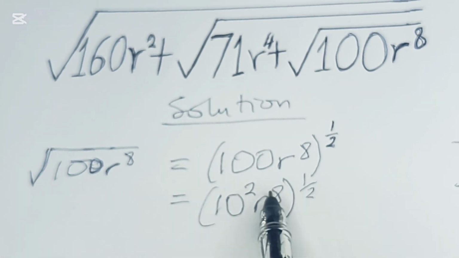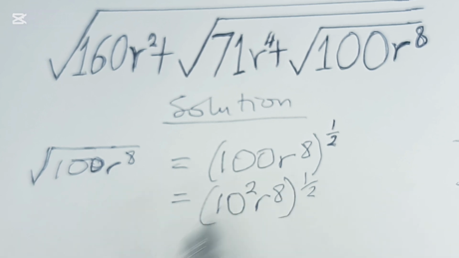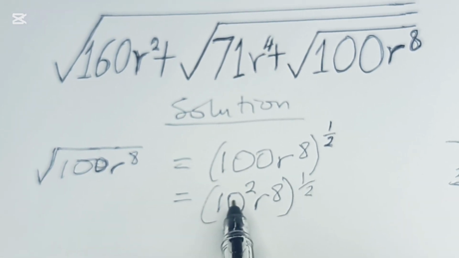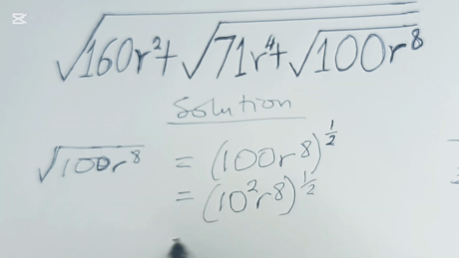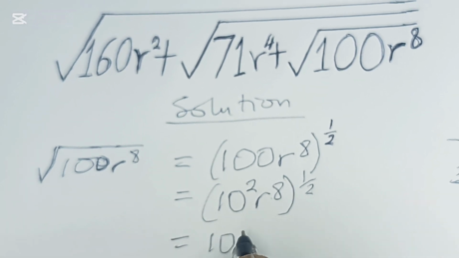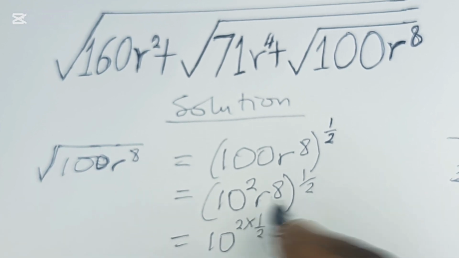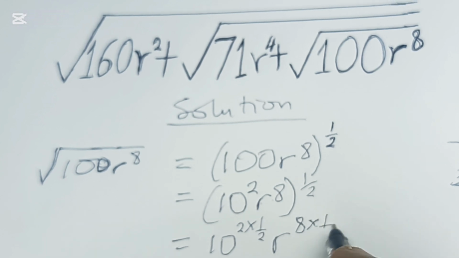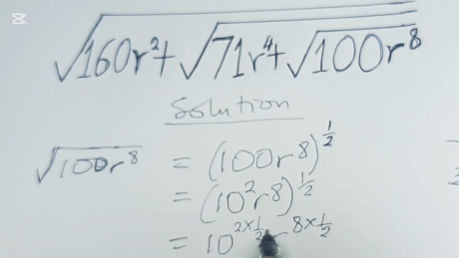In indices, this will distribute into them. So this is applicable to this and applicable to this. So it means we have 10 raised to the power of 2 into 1 over 2, r raised to the power of 8 into 1 over 2.